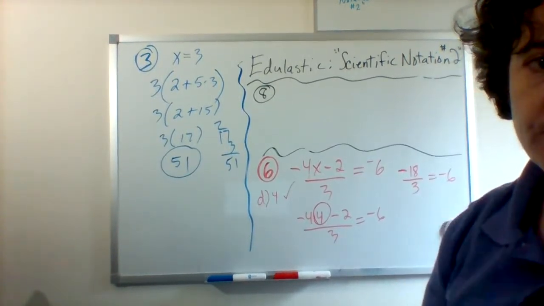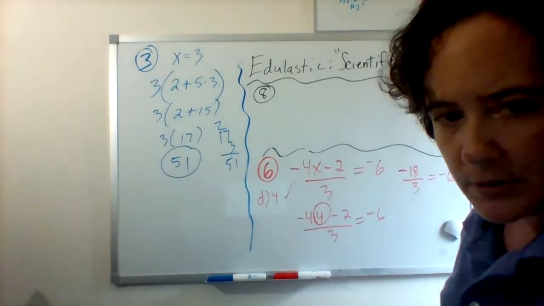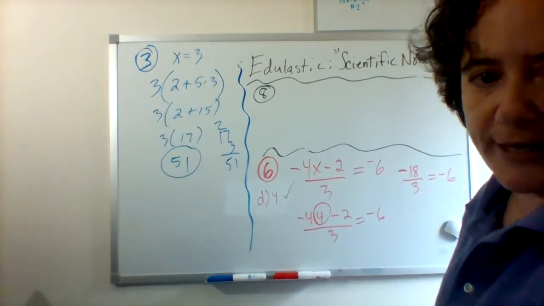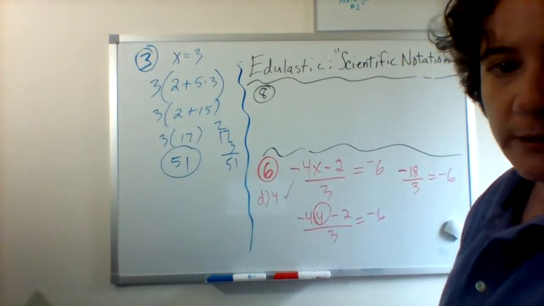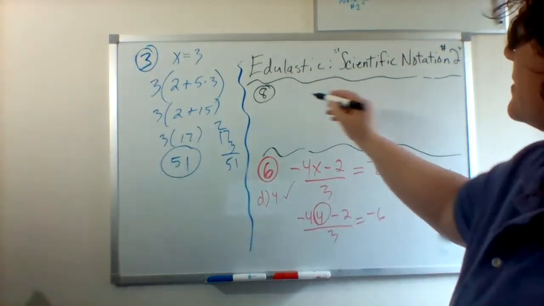Number 8. How many times is 5 times 10 to the 6th power larger than 5 times 10 to the 4th?